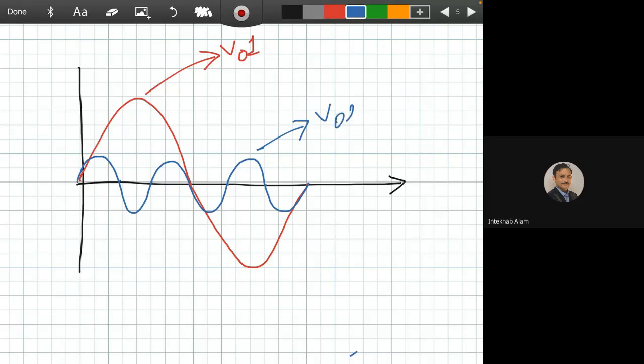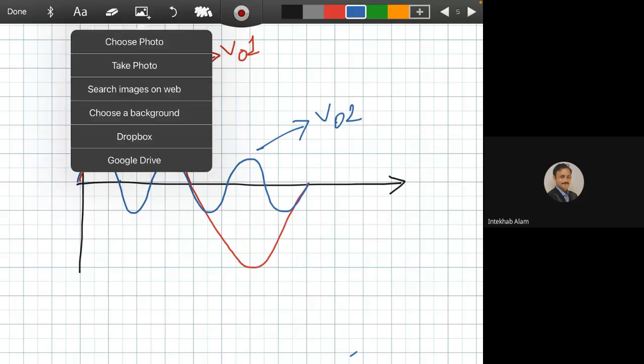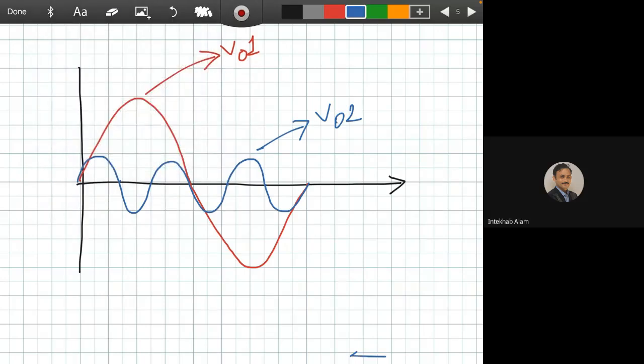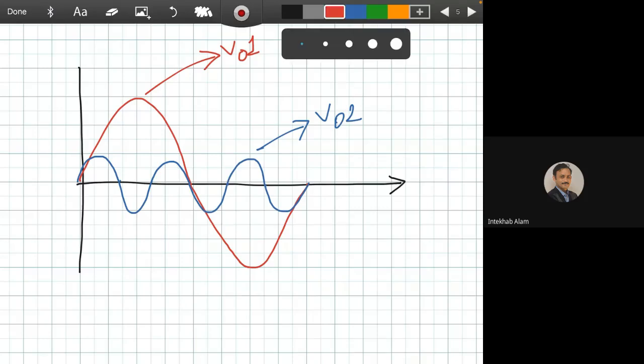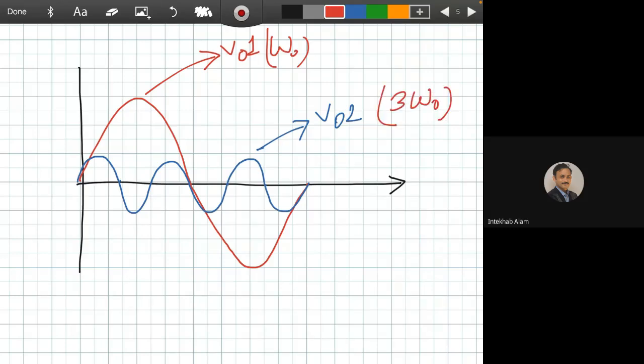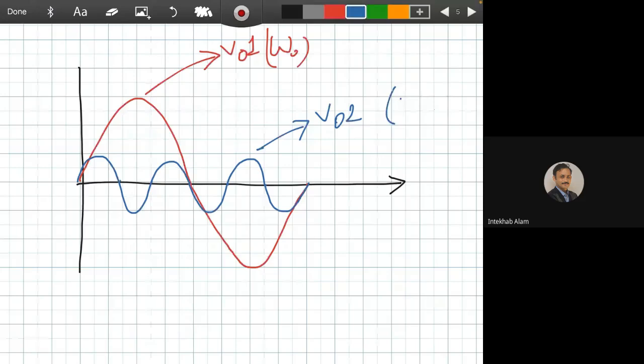Could you please tell me what is the frequency of VO2? This one is omega 0, so this one will be 3 omega 0. The frequency is 3 times. Is it okay?